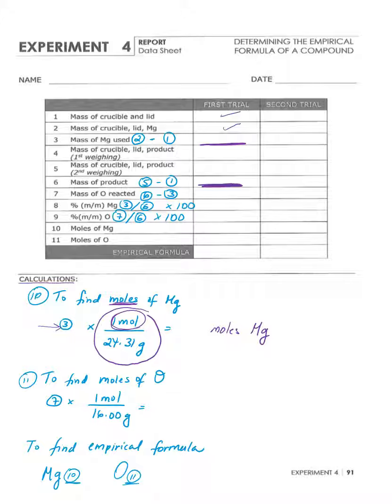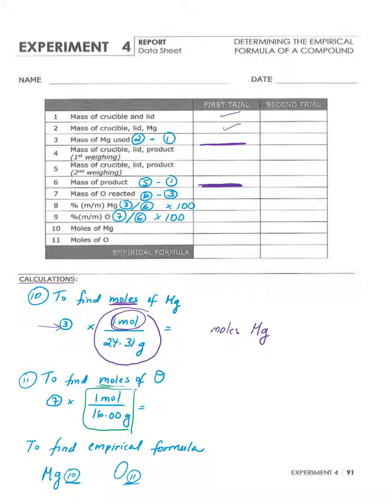So for number 11, you're doing something similar. You have number 7, which is the mass of oxygen, and that mass is in grams. So you have grams of oxygen times 1 mole over 16 grams, and that right there is the molar mass for oxygen. 1 mole over 16 grams because you're trying to get moles.